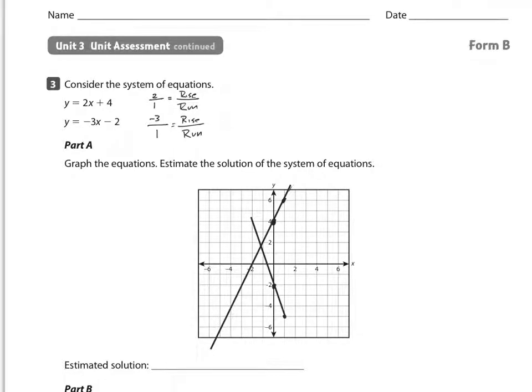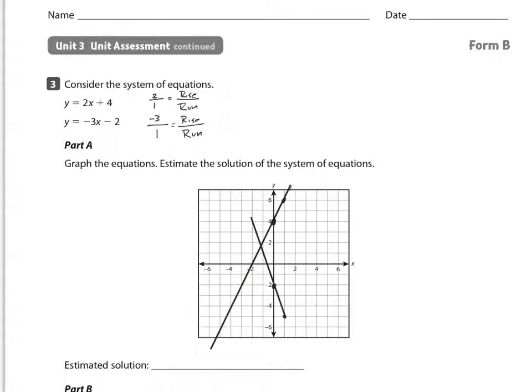Now you need to estimate your solution. So what you're going to do is you're going to look around where the points meet. Your point is somewhere around -1.5, 1.25. So we're going to put that.